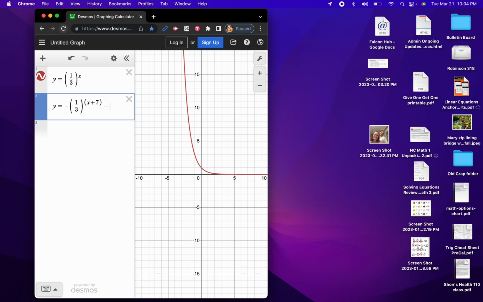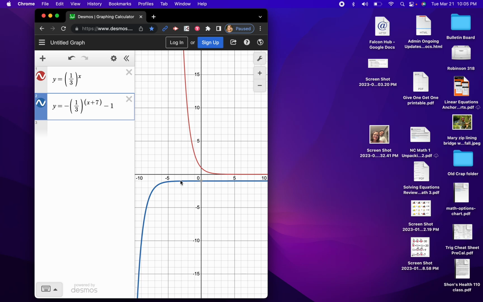And then -1, okay? So what this means is if I identify a point on my red function, like maybe this y-intercept here at 0, 1, it flips down to 0, -1, but then ultimately that point also moves left 7 and down 1.